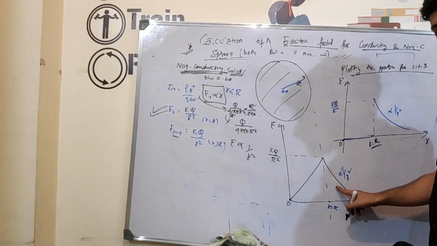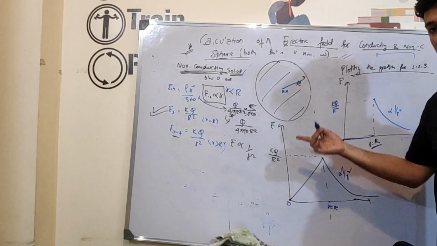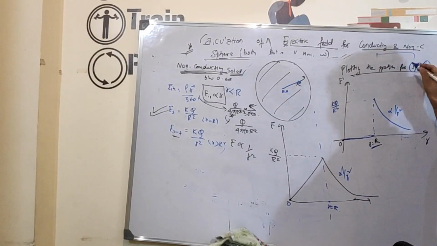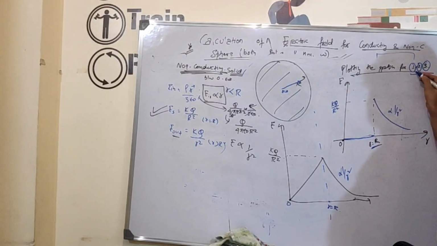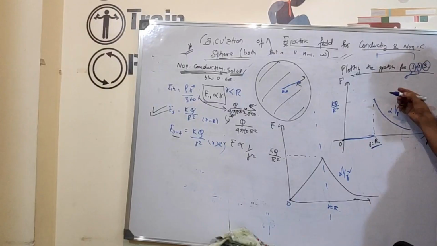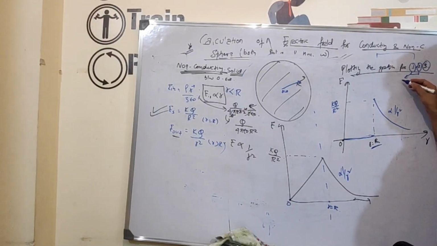If you don't remember, I am just going to point out what the three cases were. 1 and 2 were representing conducting sphere, one representing solid or hollow. You can just see whichever you want to say. So it was solid, it was hollow, conducting sphere, and this was non-conducting hollow.